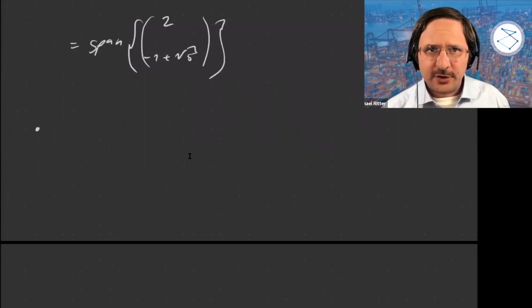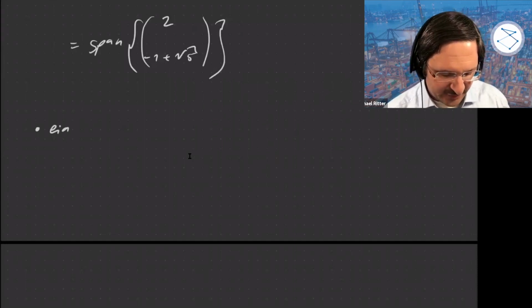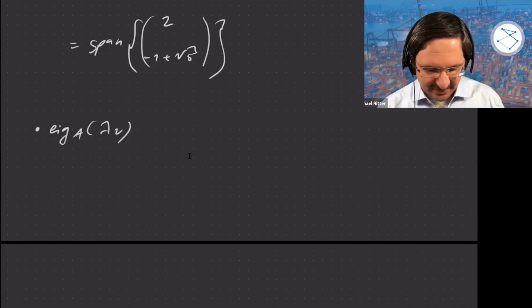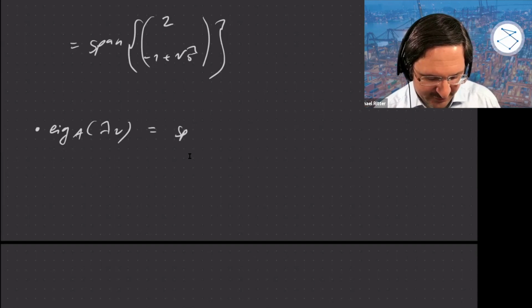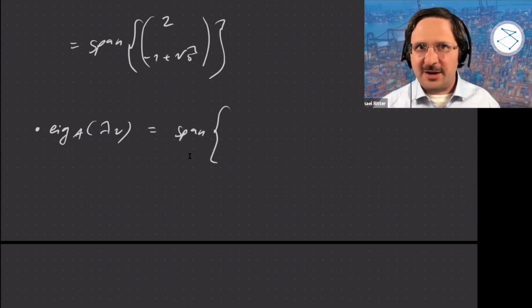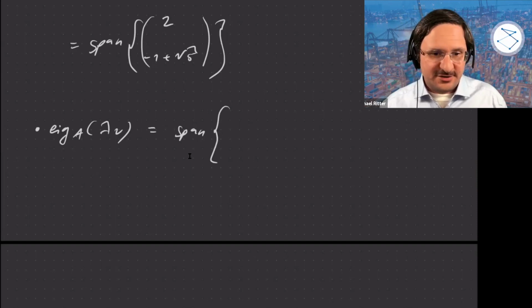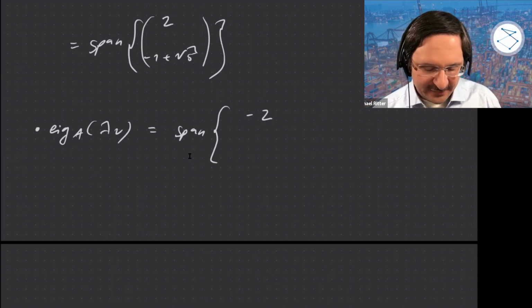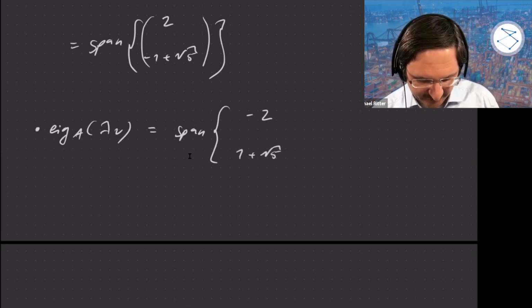I'll take a little shortcut for the second one. Basically, the computation is absolutely the same, or almost the same, just with lambda 2 instead of lambda 1. And if I do this, I get almost the same result. You can do this for practice at home, or you can just read up on the whole computation in the suggested solutions afterwards. The result will be, I get minus 2 and 1 plus square root of 5.